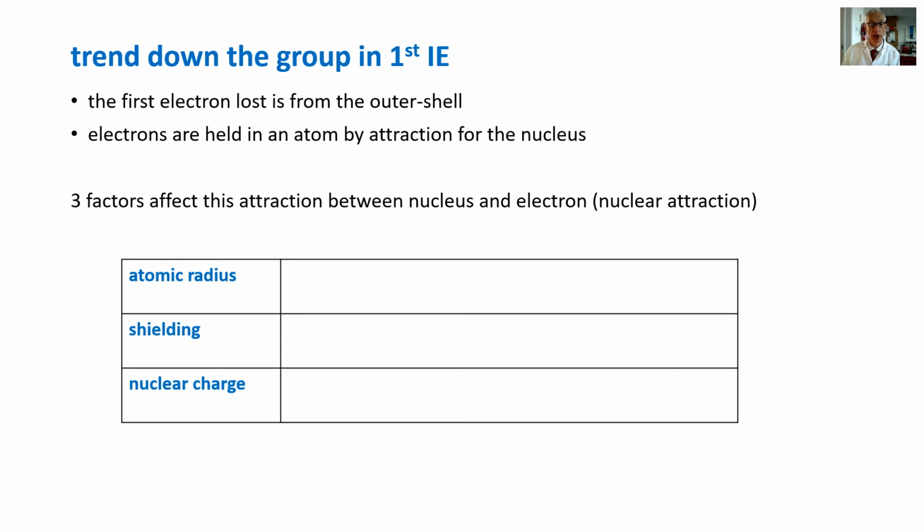And how will the charge on the nucleus, the number of protons in the nucleus, affect that nuclear attraction? So one at a time, think it through, write down how you think those 3 factors, each in turn, will affect the attraction felt by the outer shell electron for the nucleus.